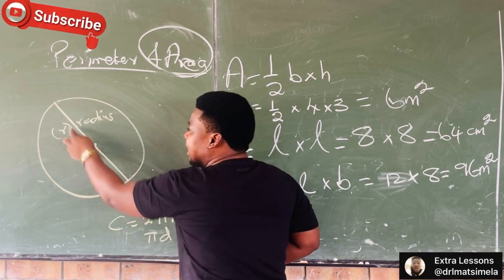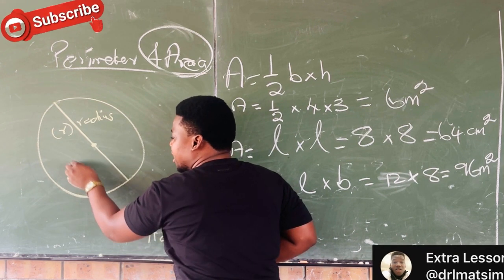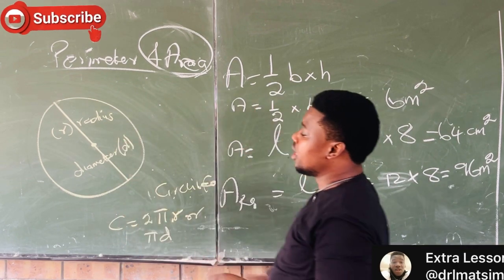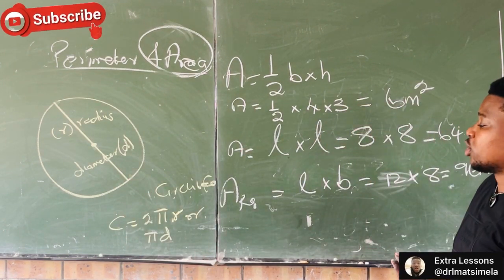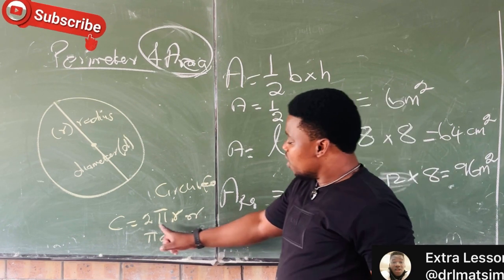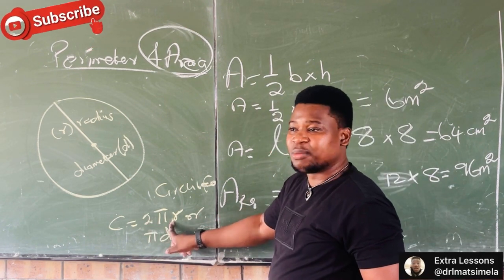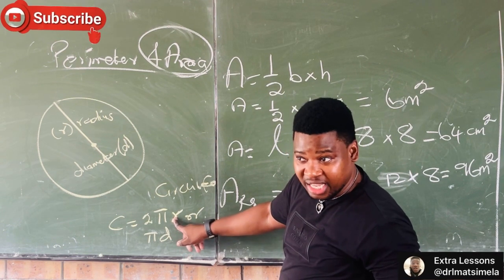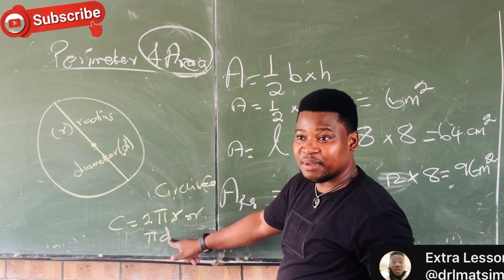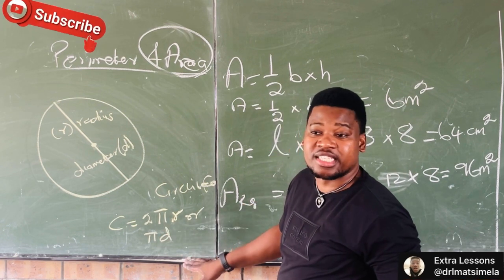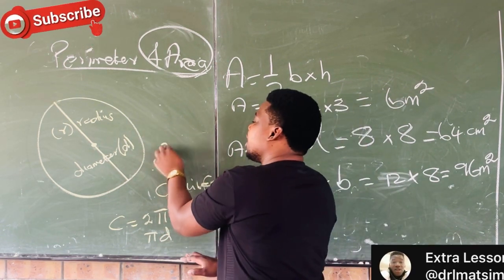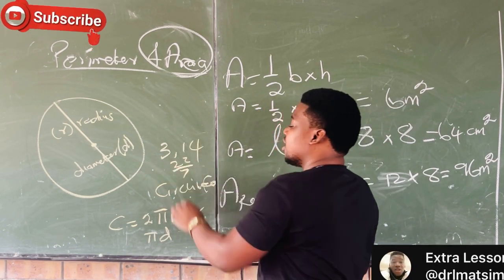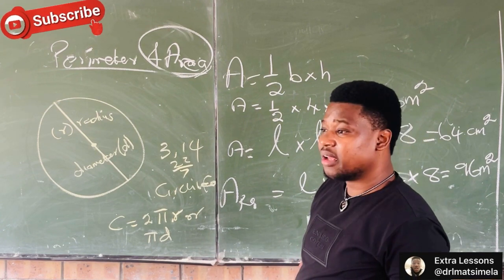This line is the diameter, a small letter d or capital letter D. So the formula 2 pi r is more like saying 2 times r is the diameter. Pi is what I'm calculating, on a calculator it represents 3.14, or someone can say 22/7. Is that clear? Yes. Good.